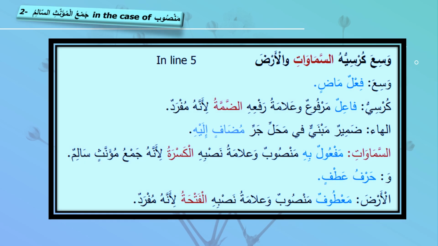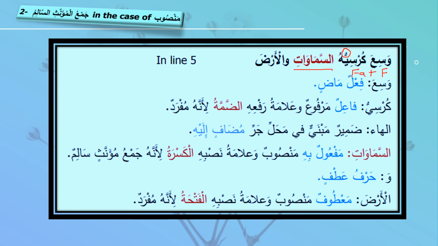وَسِعَ كُرْسِيُّهُ السَّمَاوَاتِ وَالْأَرْضِ. So this is an example for the mansub cases. Our Jama Muannas is samawat. Let's see the sentence first. It's Jumla Fa'liya, fa'l. Where is the fa'il? Kursiyu. Just after the fa'l is the fa'il, and it has a damir added to it.